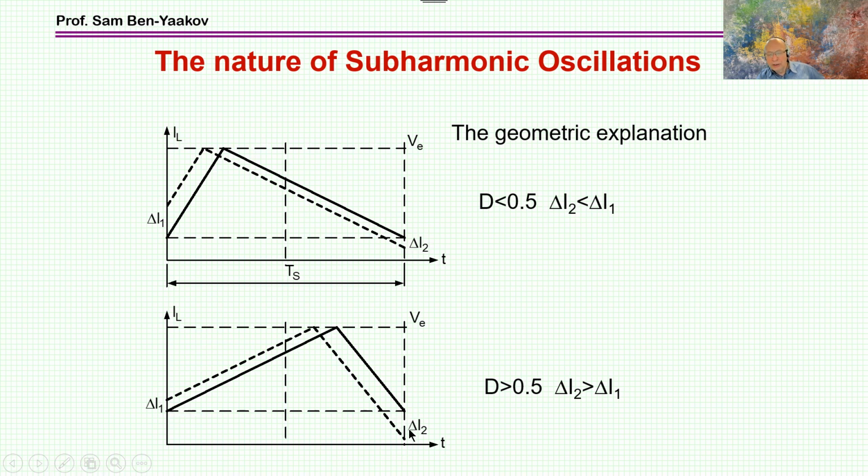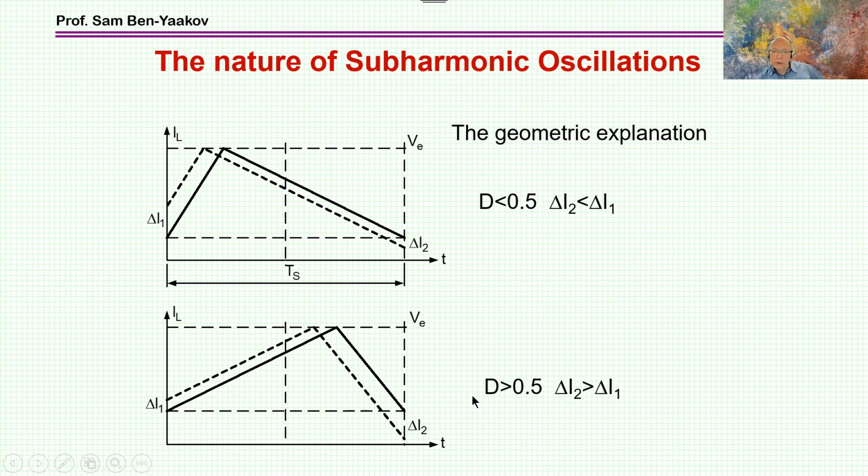So this is obviously an unstable situation because, by the way, it's reversing the polarity. So here it's positive, and now it's negative. Same thing here. This is why it's a subharmonic oscillation, because this is like one cycle, positive and negative, and then you have the second half cycle, so it will be half the frequency of the switching frequency.